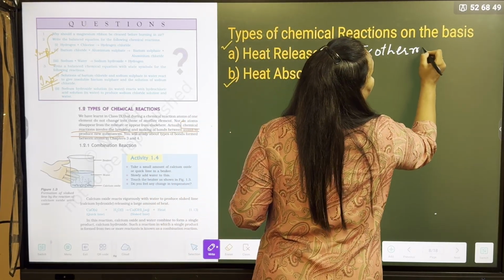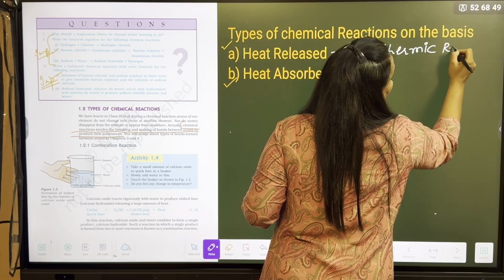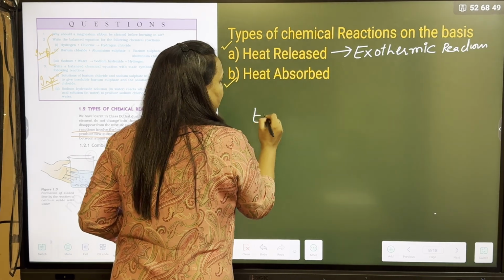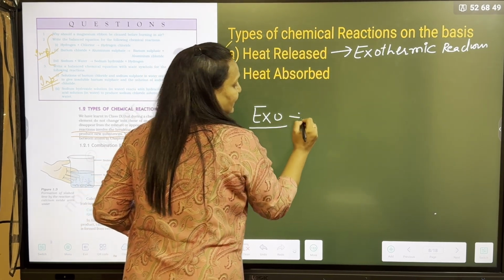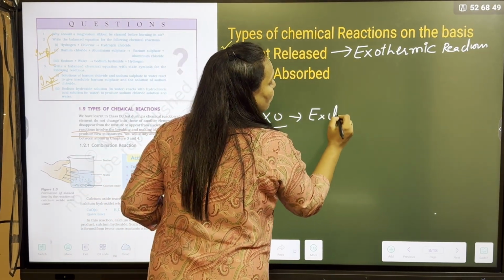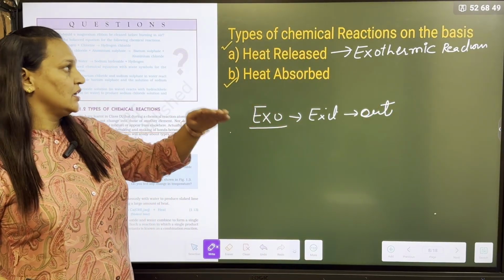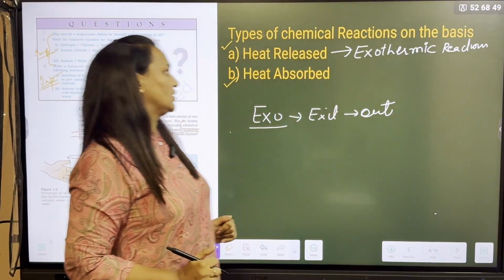What are they called? Exothermic. Exo means exit, means out. You go to theaters, there is a written word exit, means out. So heat energy is given out.